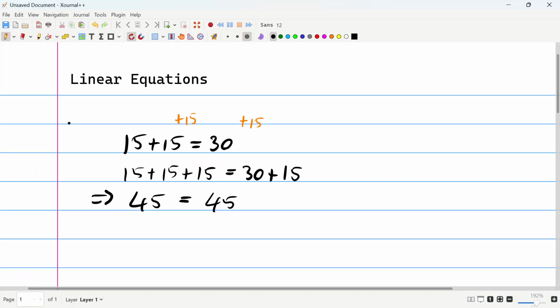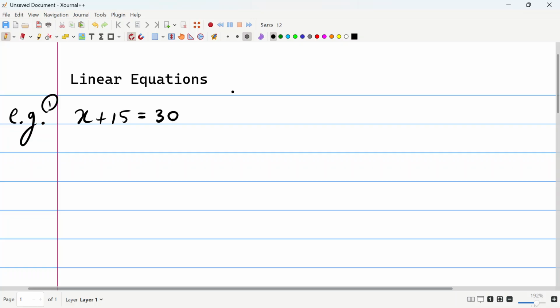So what if we have an unknown variable and we need to solve for something? Let's get into that part. Here's our first example: x plus 15 is equal to 30. I know what you're wondering: yes, we just did this. But I want to see if what we understand can now be applied when letters are involved, so we don't have to be so stressed out.